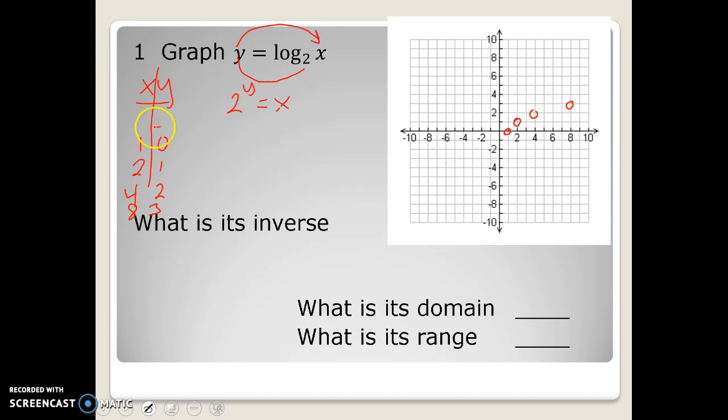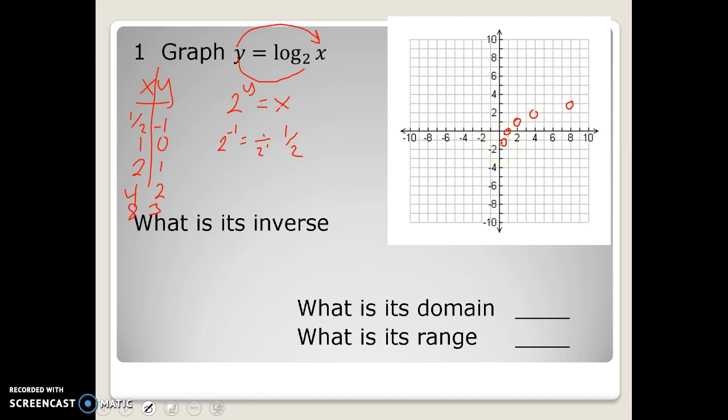Now let's take a look at what happens when I plug in negative values for y. If I plug in a negative y value, like negative 1, that's 2 to the negative first, which is the same thing as 1 over 2 to the first, which is 1/2. That's going to give me a point about right here, over 1/2 and down 1.